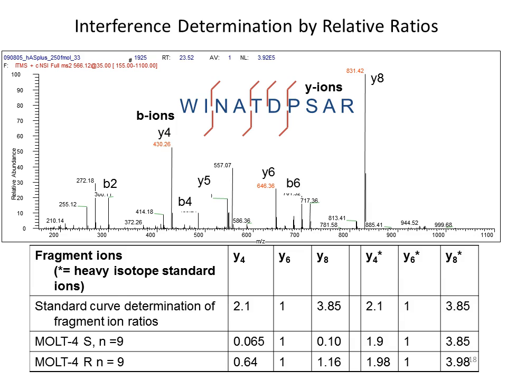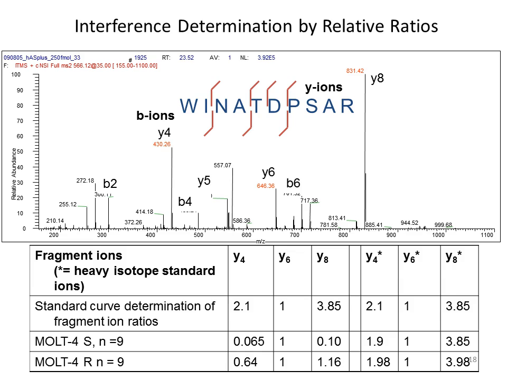And then when I looked in my sample, for the light version of this peptide, the ratios are all way off. They don't agree at all. But the heavy agree reasonably well with what my heavy was with no background. And what that led me to believe was that something was going on in my light peptide signal, and it was causing an interference.